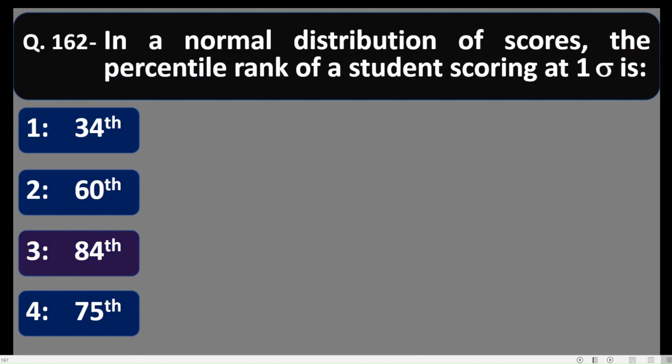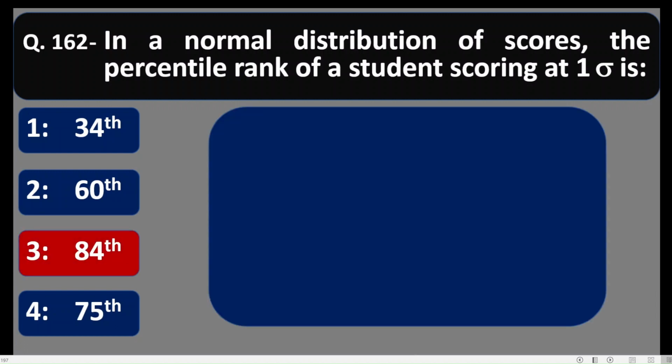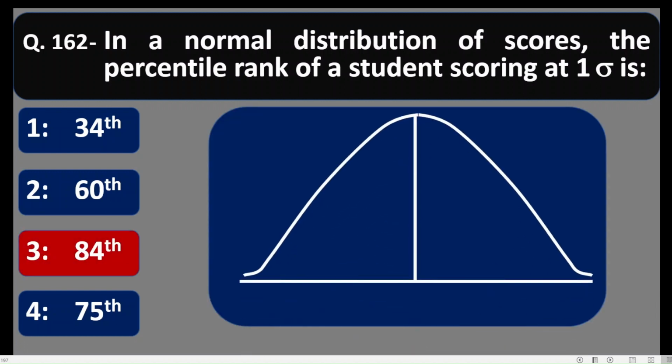How? Let us see. Normal probability curve is given. At the middle of the normal probability curve, there is a perpendicular line that belongs to the mean. And 1 sigma is positive, so it will be on the right side of the perpendicular line, or right side of the mean. We know that the area between mean and 1 sigma is 0.3413.